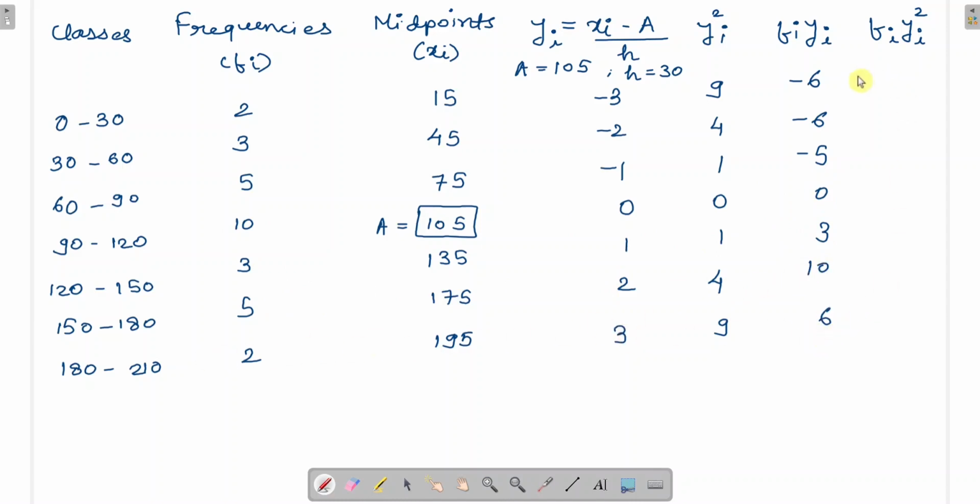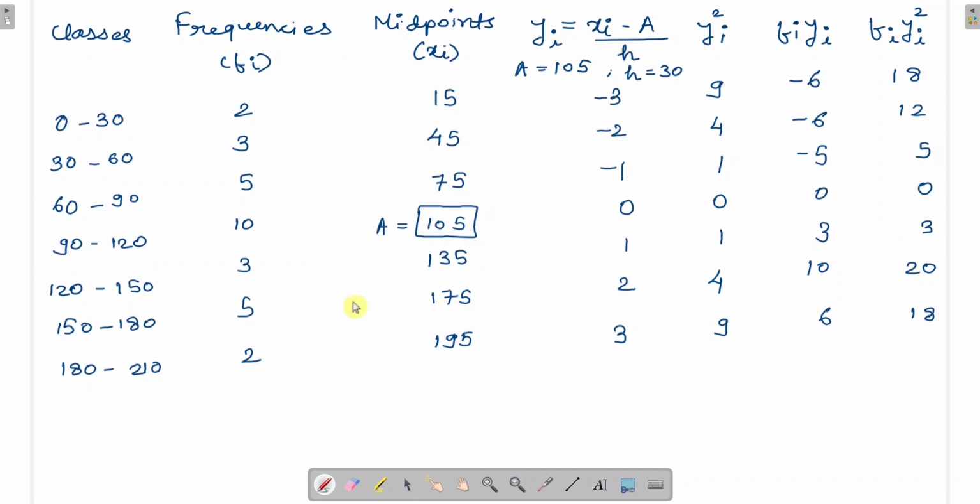Now Fi Yi square. 2 times 9 is 18, 3 times 4 is 12, 5 times 1 is 5, 10 times 0 is 0, 3 times 1 is 3, then 5 times 4 is 20, 2 times 9 is 18.